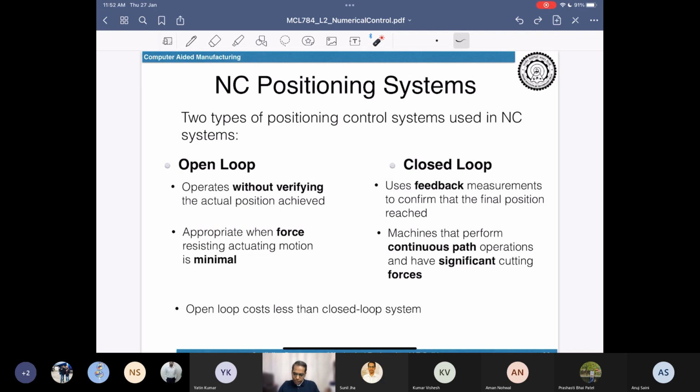Open loop means I give a command, and if there are not many forces resisting the motion, forgetting about slip and other things, when the forces are not very high, open loop can work very well, because whatever we command, the axis will move accordingly.